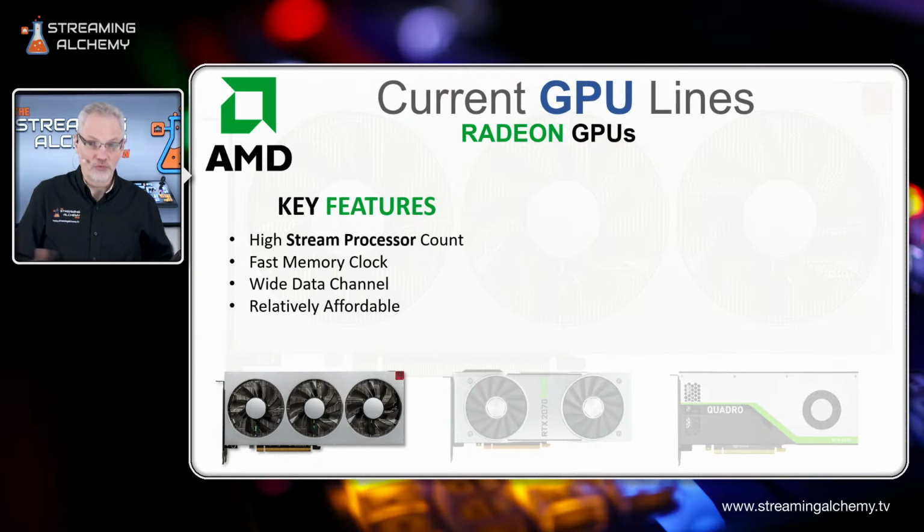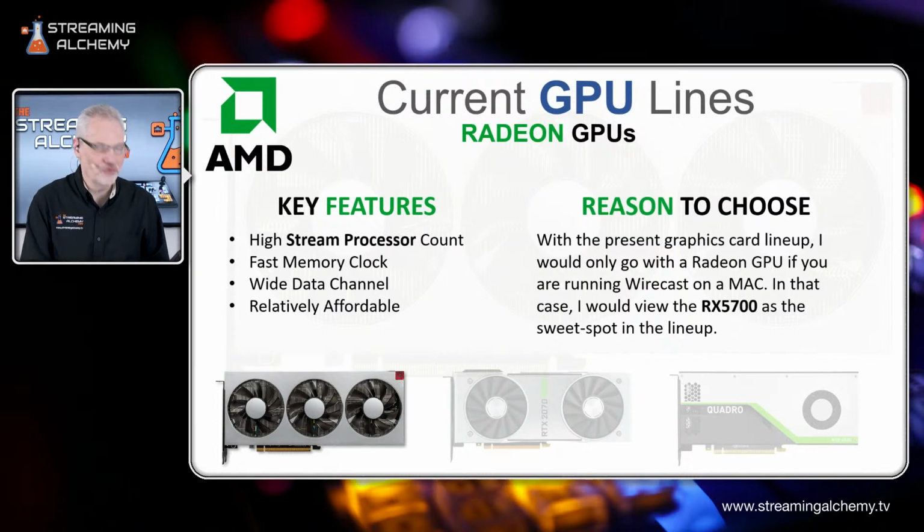And they are relatively affordable. And I stress relatively because none of these GPUs are particularly cheap. So the reason you would do this at present is only because you're running Wirecast on a Mac or OBS on a Mac, and this is the best option you have for GPU processing.